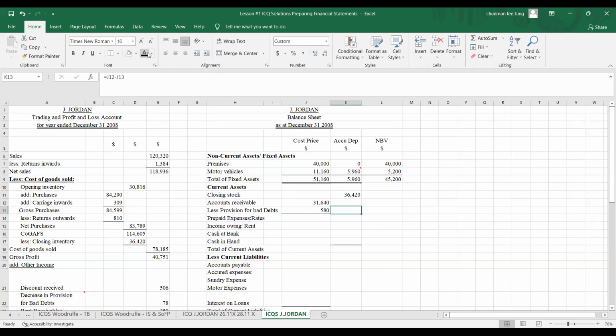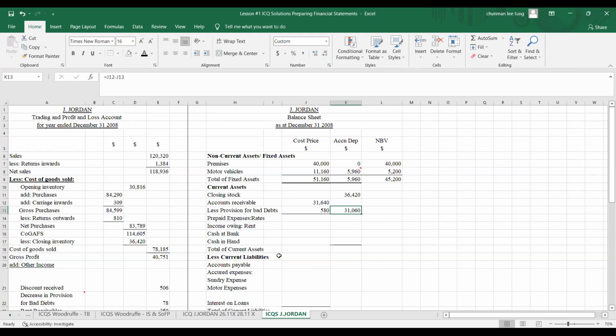So that means our total debtors figure should read 31,060. So it's no longer 31,640. That was initially our debtors figure. But because we had a provision for bad debt, and we said a provision for bad debt is just in case the debtor cannot pay off their debt, the business will just take out some money from their profits, put it aside just in case these debtors cannot pay off their debt.